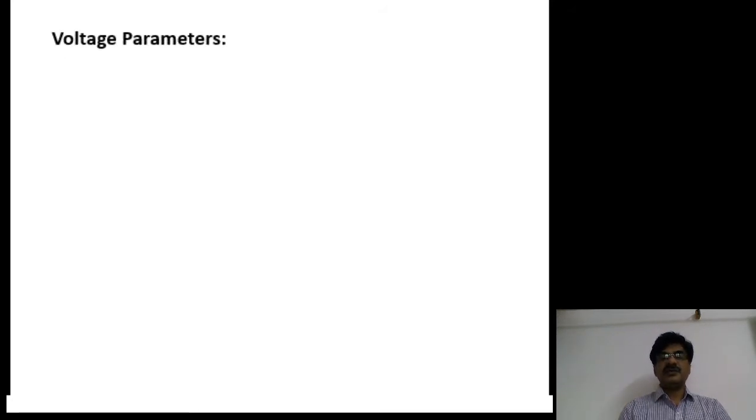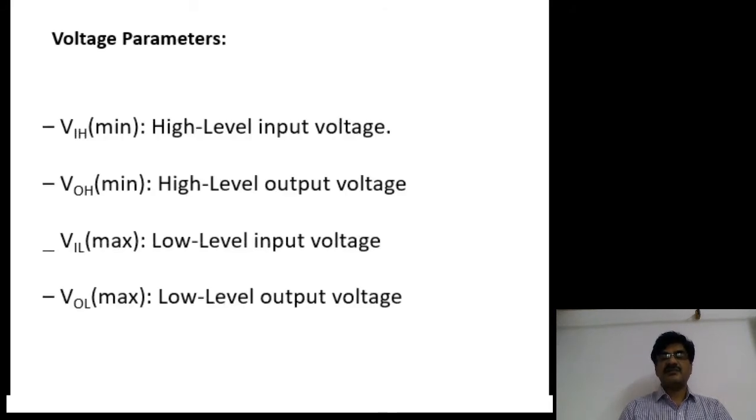Coming to the different voltage notations which we are using, also called voltage parameters, they are VIH, VOH, VIL, VOL. Here the first subscript represents whether it is input or output, whereas the second subscript represents whether it is with reference to logic high or logic low. Let us see.